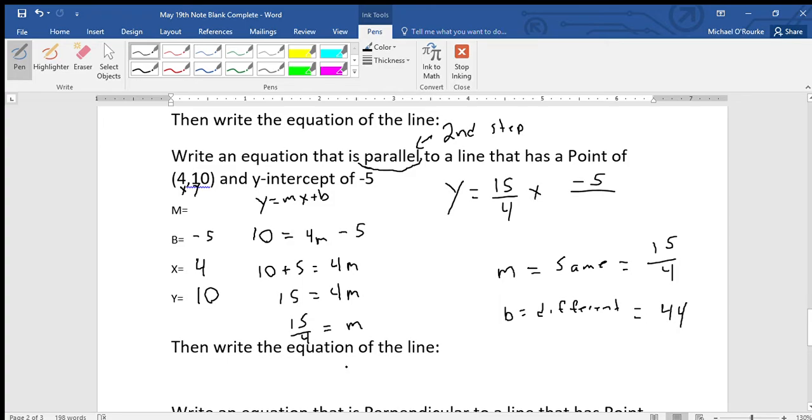So the equation for this one, y equals blank x plus blank, I plug in my slope, 15 over 4, and I plug in my new y-intercept. There we go. So we figure out what we have, figure out what we need, rearrange, solve for it, and then work from there.